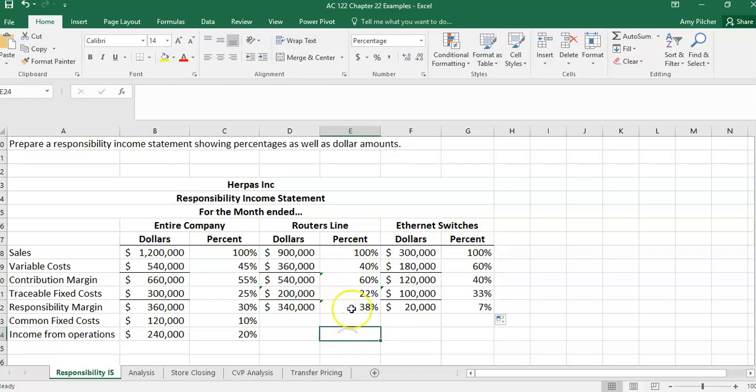We can then use these percentages for different analysis and different things that we're going to look at. For example, we're going to look at an example over the next three tabs, where we're going to be using our contribution margin percentage to look at various factors for those stores.